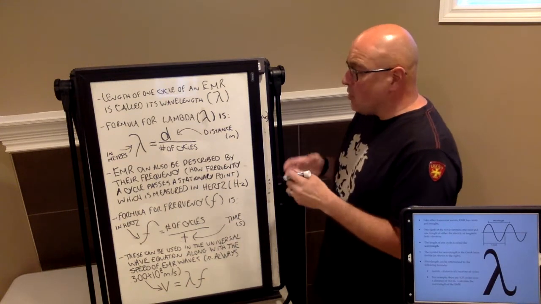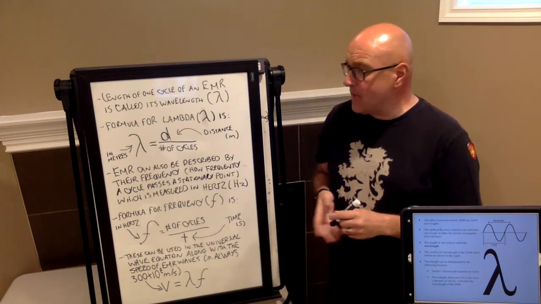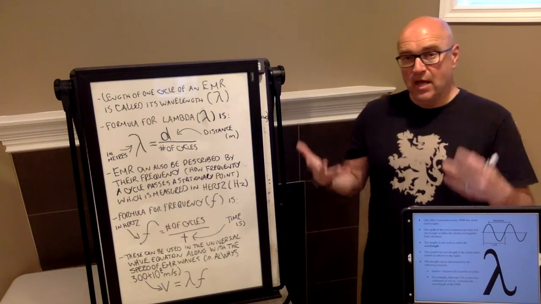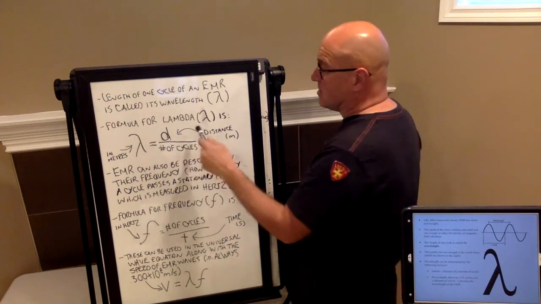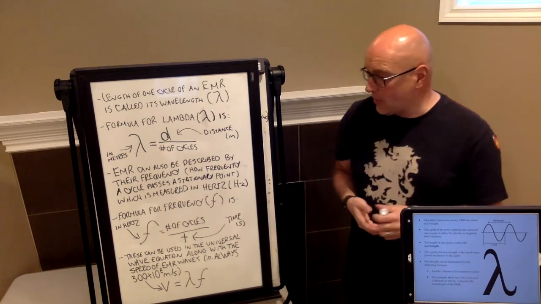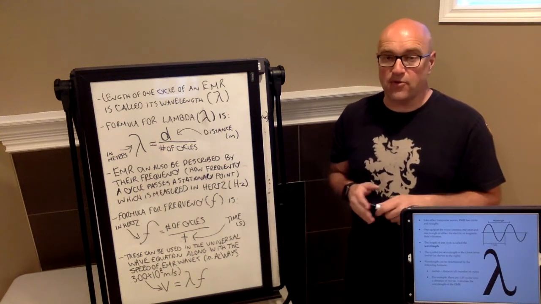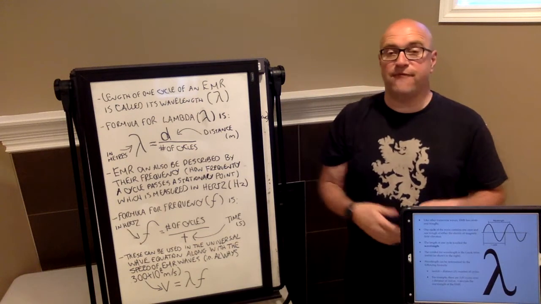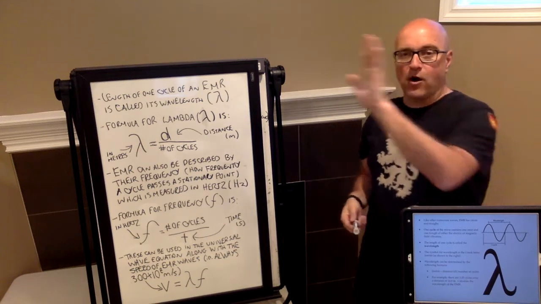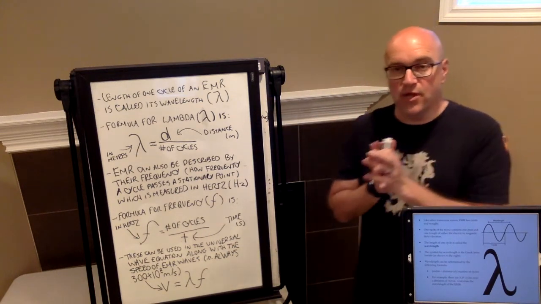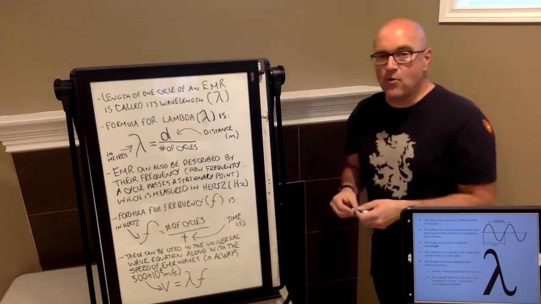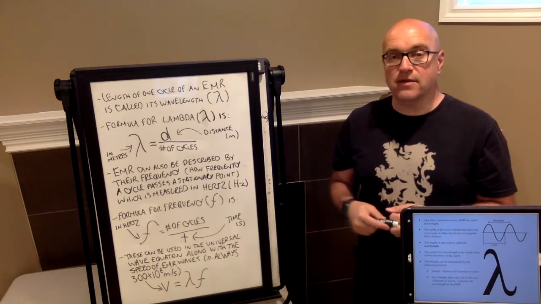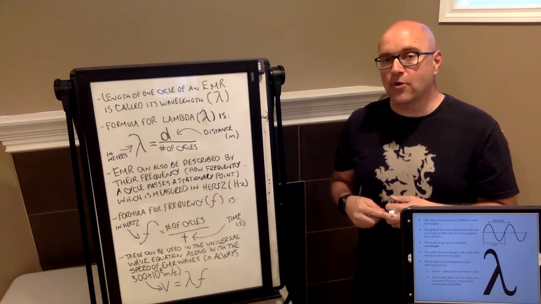Okay. So how do we calculate a wavelength? How do we calculate lambda? Well, the formula for lambda, and we're going to calculate lambda in meters, so the actual number of meters that a wavelength is, is going to be the distance that the wave travels, and how many cycles have occurred during that distance.